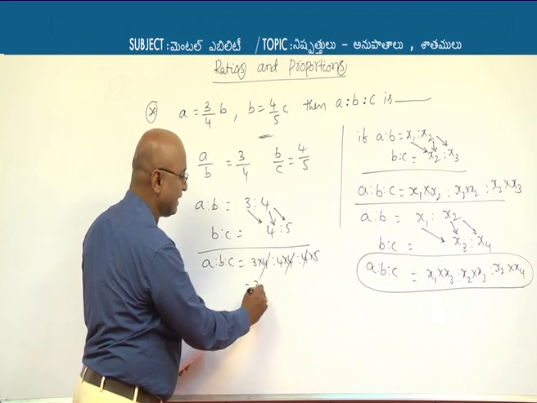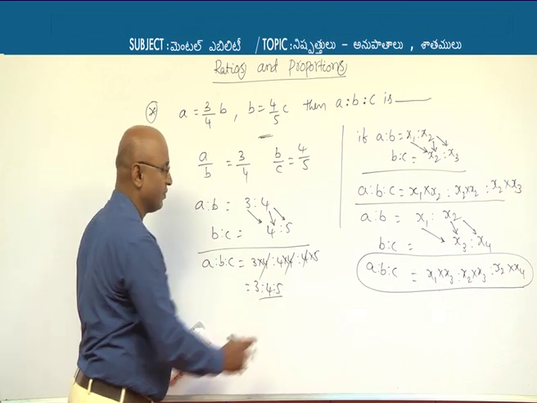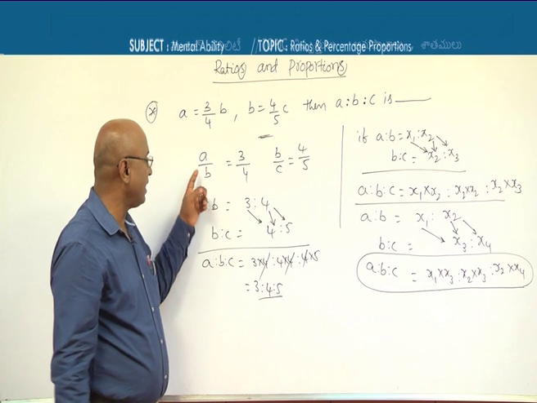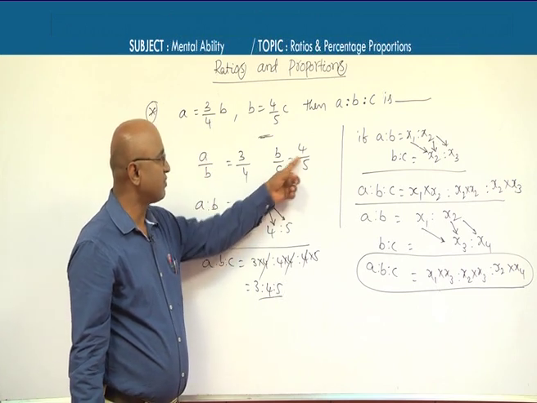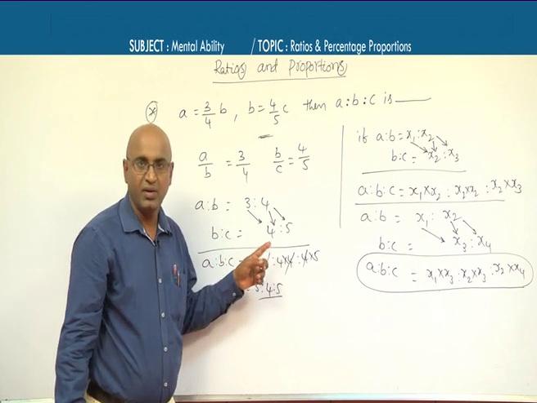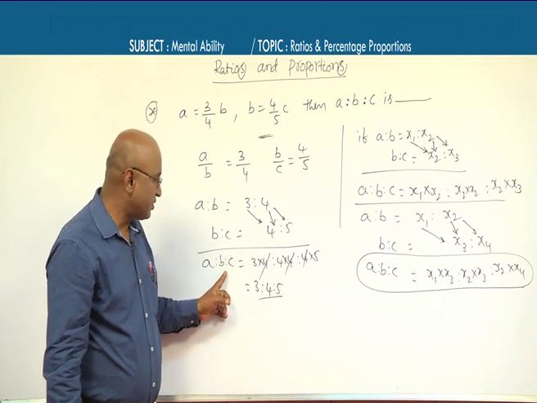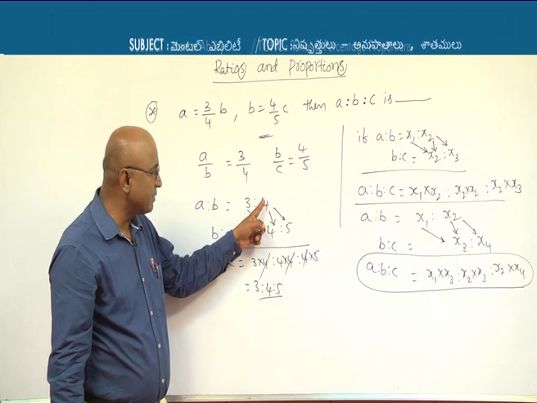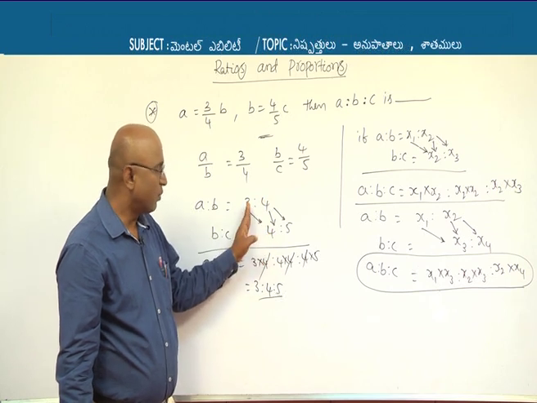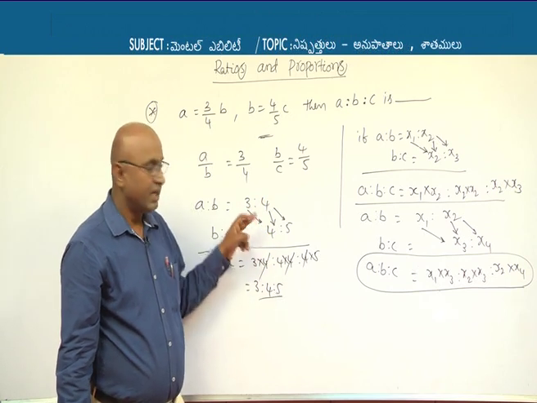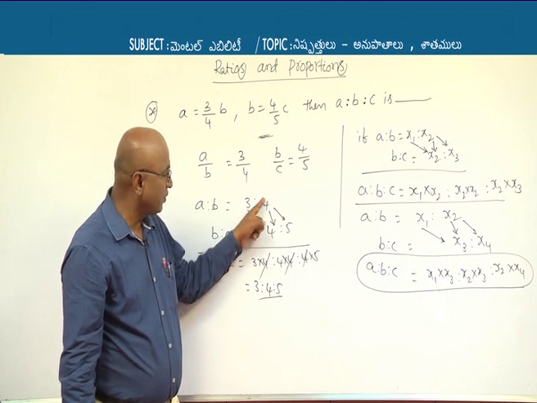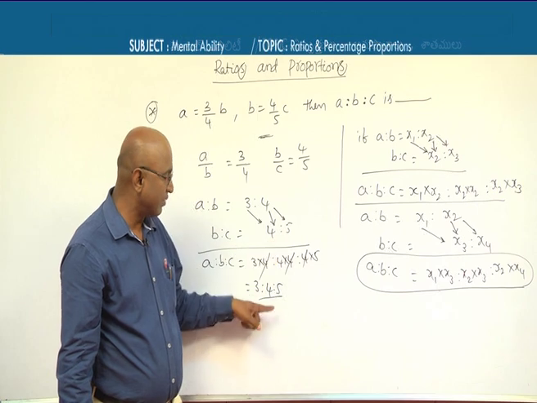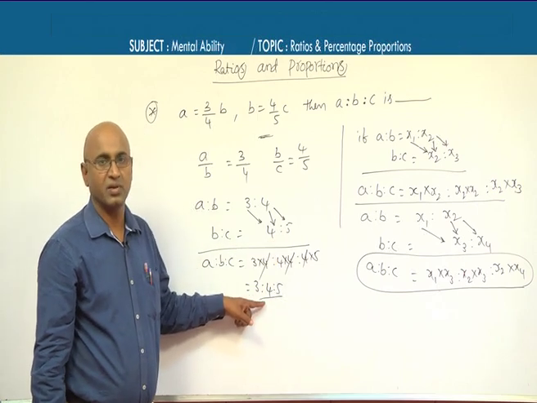It is equal to 3 is to 4 is to 5. It's very important to remember A by B is equal to 3 by 4, that is 3 is to 4, and B by C is equal to 4 is to 5. So, to find A is to B is to C, write the middle term under the middle term, the first term like this, the last term like this. Now multiply 3 with 4, 4 with 4, and 4 with 5 to find the ratio.